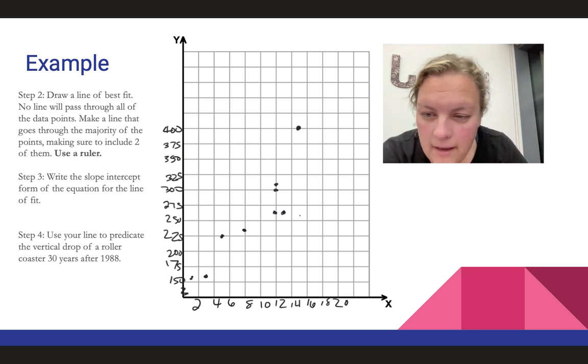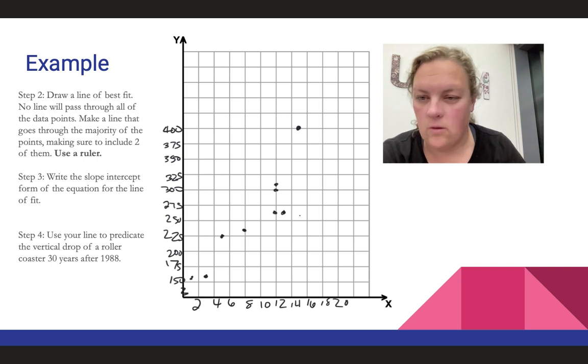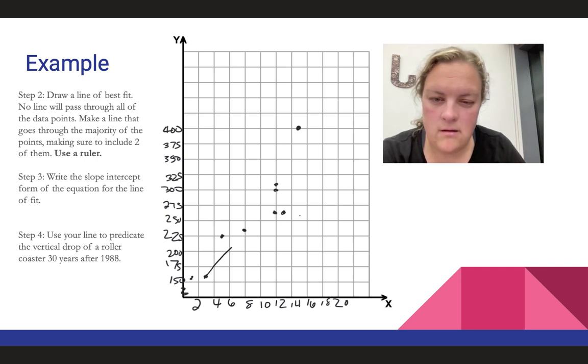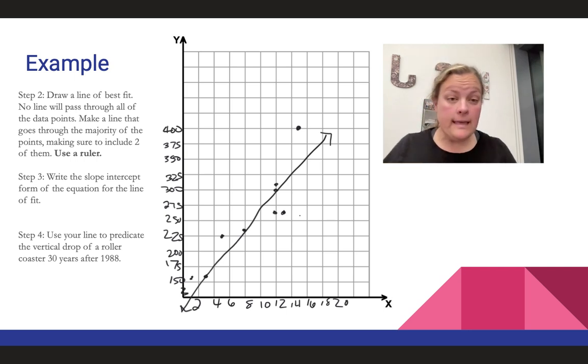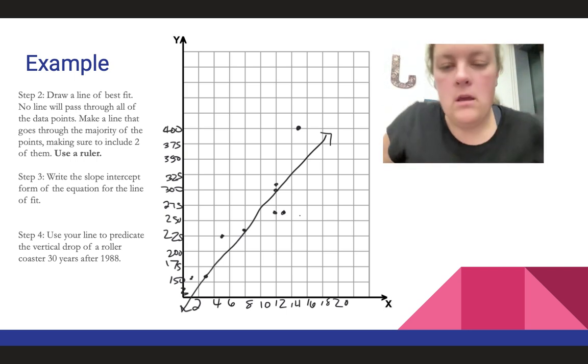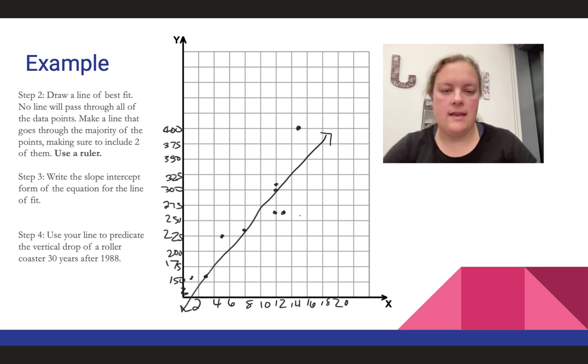So I am going to try my absolute best here to do this without having access to a ruler at the moment. So I am going to take my pen and start drawing my line. It's not straight, but you get the picture here. Because algebraically, I am going to write my line of fit. Ideally, this would be done with a straight line. So I have my 2 points that it went through.